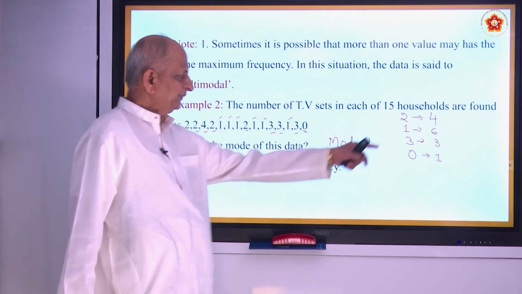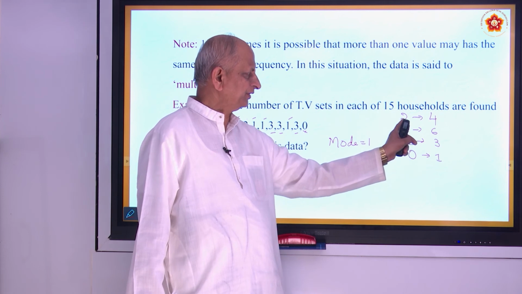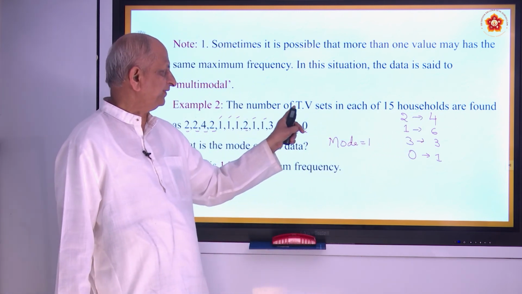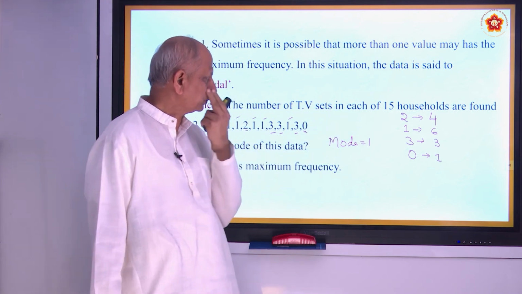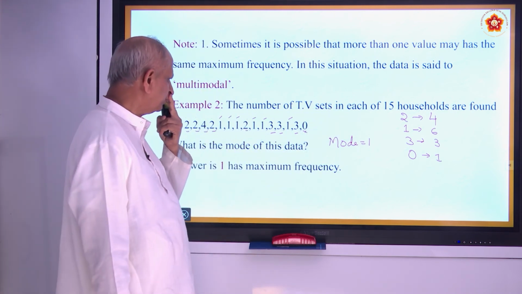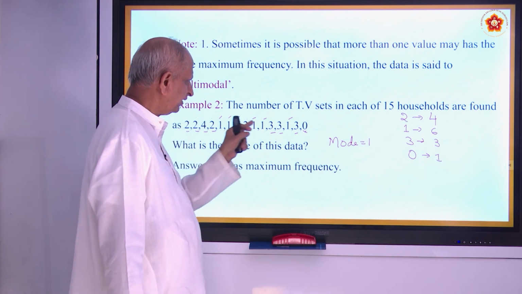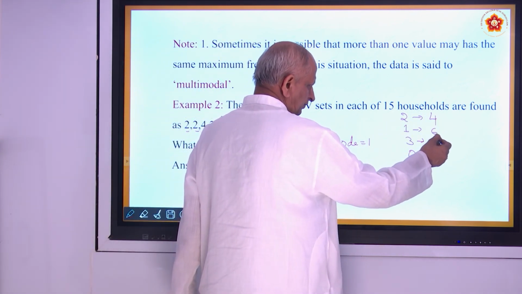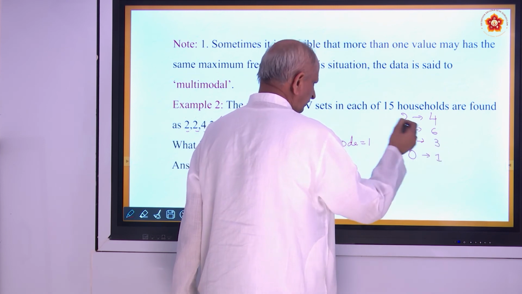It is called frequency. Number 2 is the number of TV sets in each of the households. 15 households, so there are 15 totally. 4 plus 6, 10, 13, 14. One number is missing.